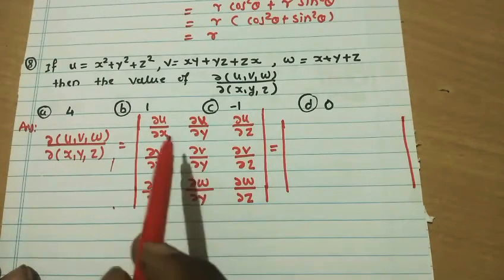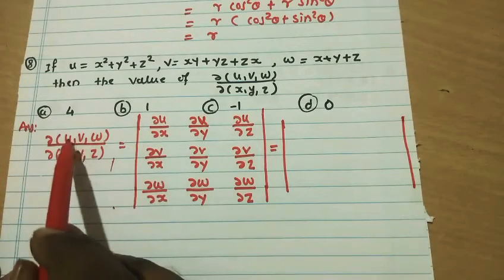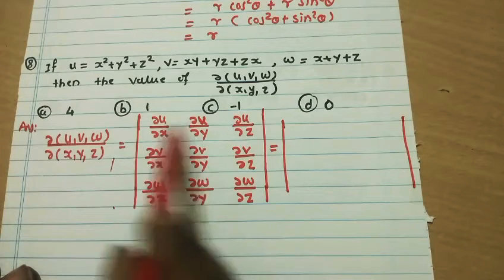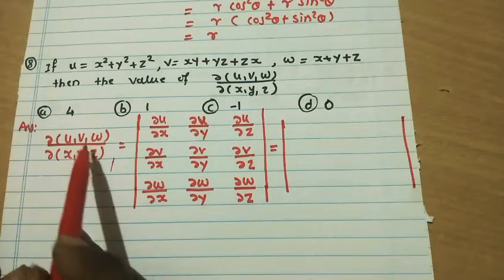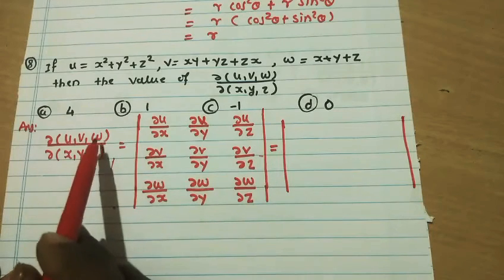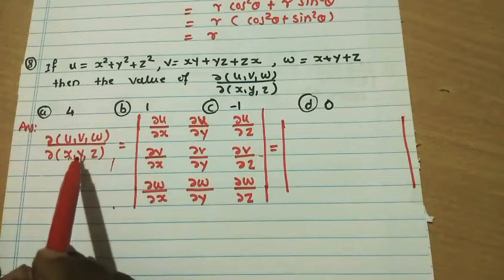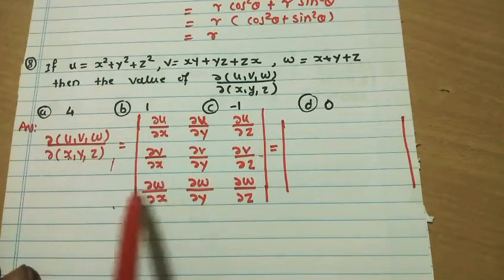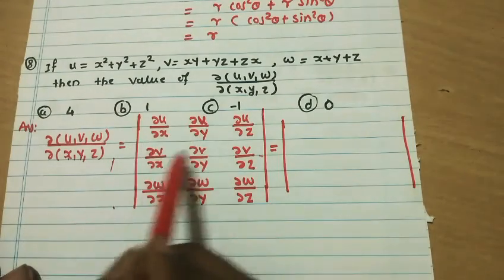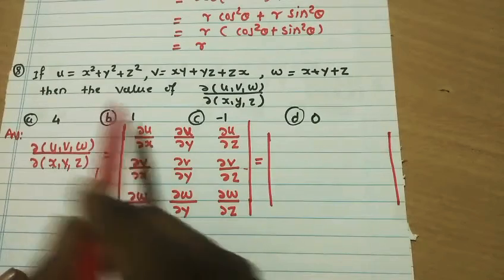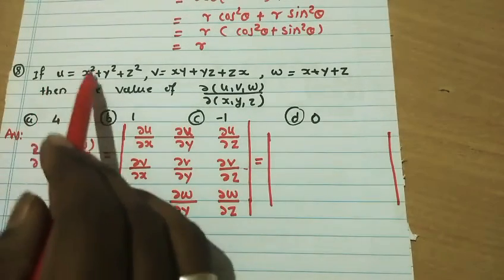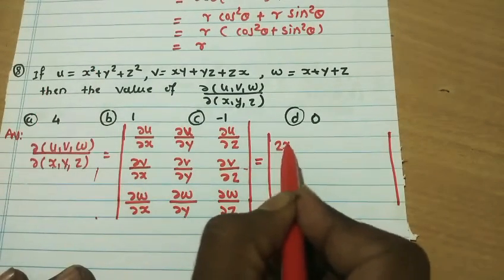So this is the determinant of ∂u/∂x, ∂u/∂y, ∂u/∂z, which is in the first row. ∂v/∂x, ∂v/∂y, ∂v/∂z, which is in the second row. ∂w/∂x, ∂w/∂y, ∂w/∂z, which is in the third row. Now try to find out each and every term here. So ∂u/∂x, partial derivative of u with respect to x, will be 2x.